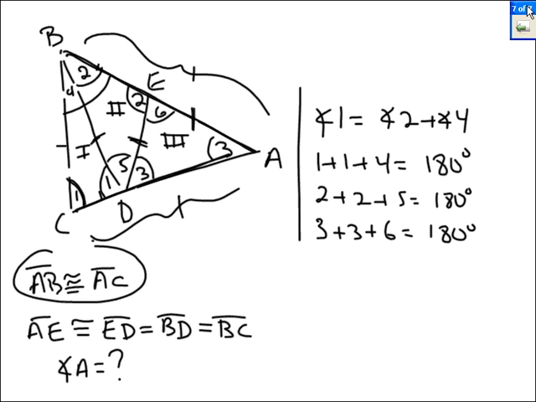Like at angle E, I know that 2 plus 6 is 180. And at angle D, I know that 1 plus 3 plus 5 is 180. And my job is to figure out what angle 3 is.